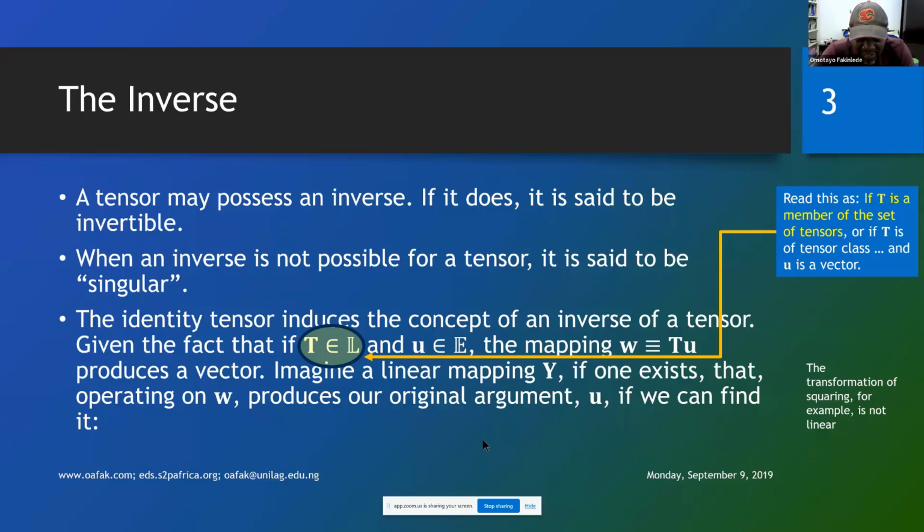If it is not possible to invert a tensor, when an inverse is impossible, we call that tensor singular. So when we say a tensor is singular, we mean we are unable to find an inverse for it, or it is not invertible.